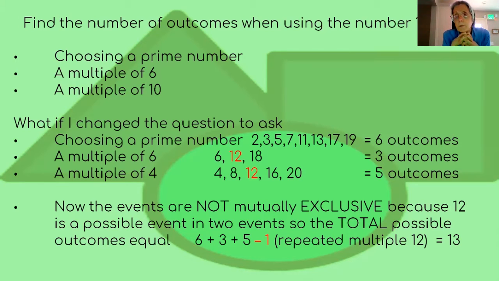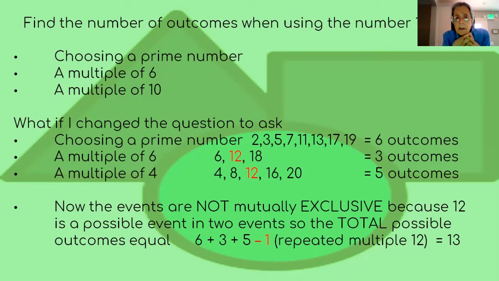So in the case of a multiple of 6, I have 3 outcomes. In the multiple of 4, I have 5 outcomes, but one of those outcomes is the same as the outcome for a multiple of 6. Now these events are not mutually exclusive. Multiples of 6 are not mutually exclusive from the multiples of 4 because there is an overlap.